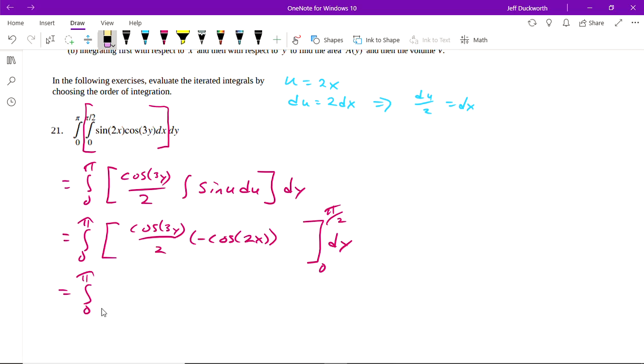So this equals negative cosine of 2x. So 2 times pi by 2 is just going to be pi.